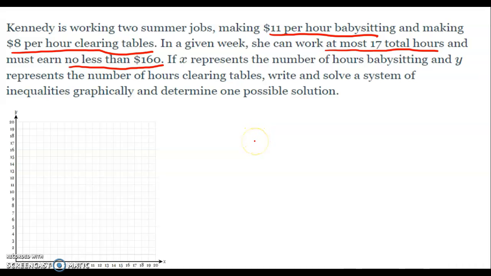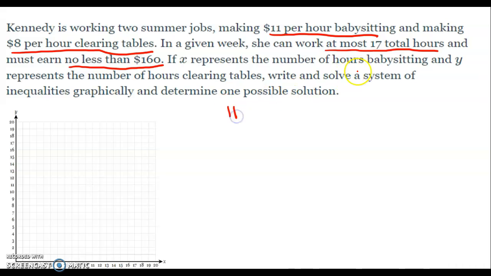So when you are writing systems of inequalities or even systems of equations, when we get into that, you're going to notice that a lot of it has to deal with money. And all the money is going to stick together into one equation. So we're talking $11 per hour. That's talking about money.